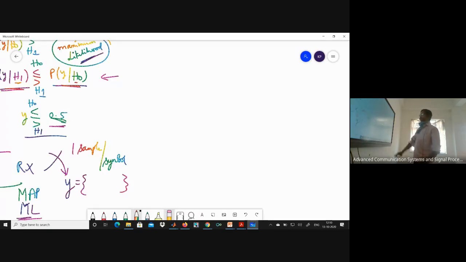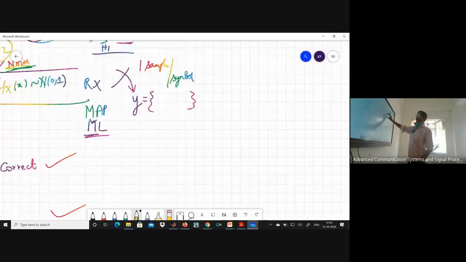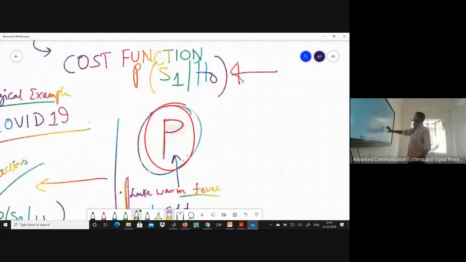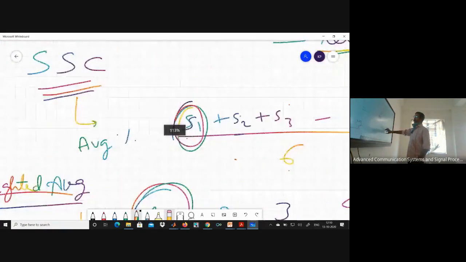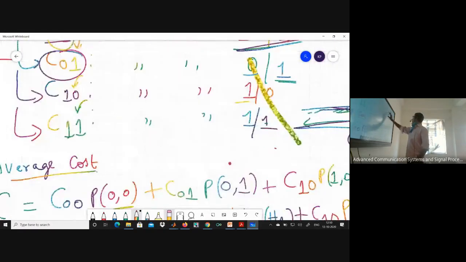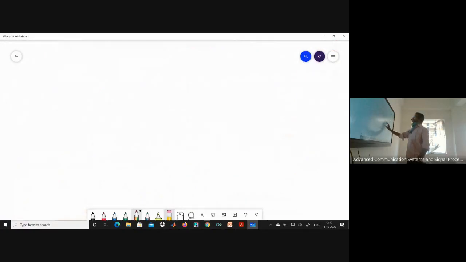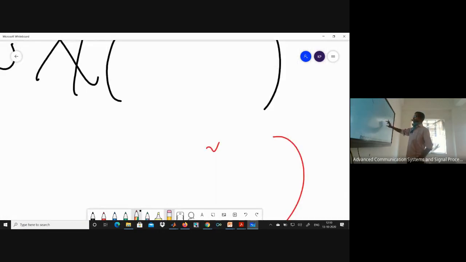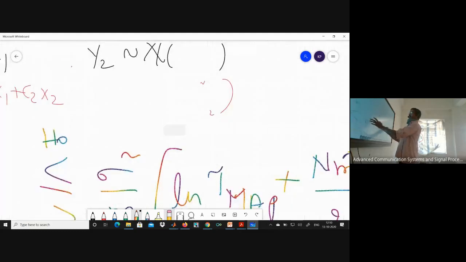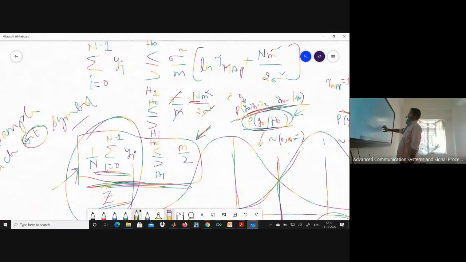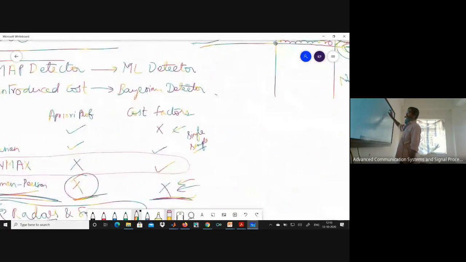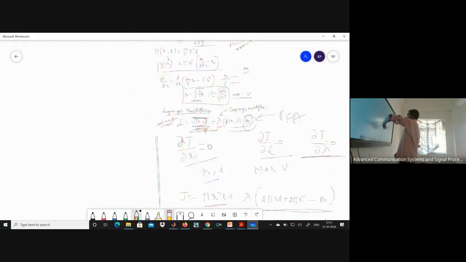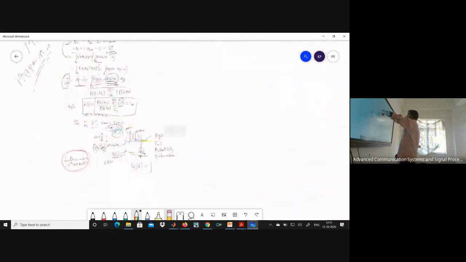Q of gamma is equals to... actually this is one of the biggest problems with Microsoft Word. Yeah, we were here.